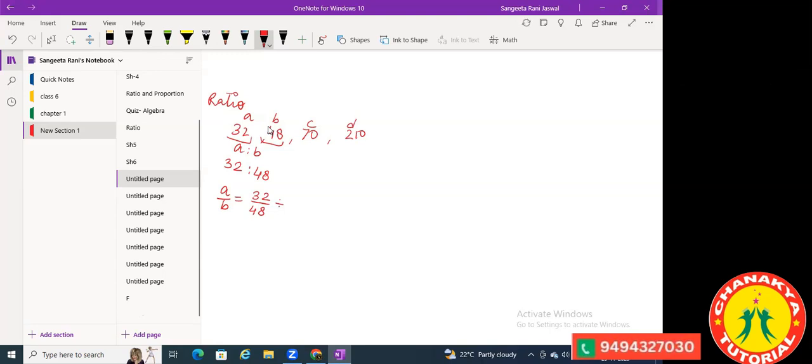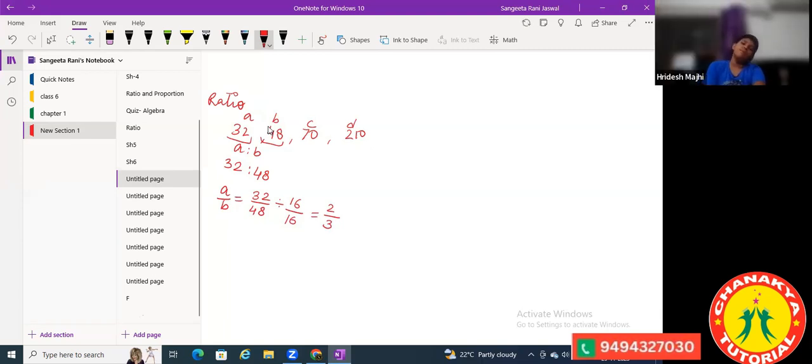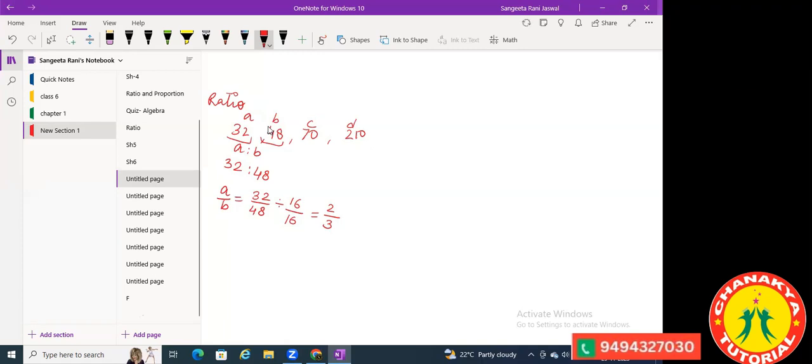So I will divide these two numbers by the same number, 16, because the highest common factor of both numbers is 16. When I divide by 16, what do I get? 16 2s is 32. 16 3s is 48. Get it? 2/3. Can I reduce 2/3 further? No, ma'am. Okay, so this is one thing.